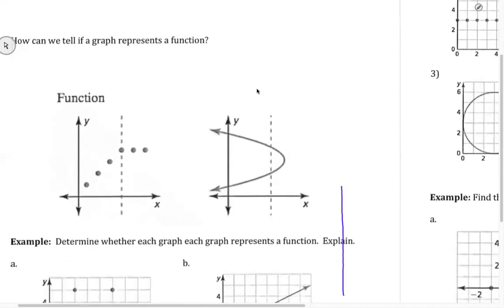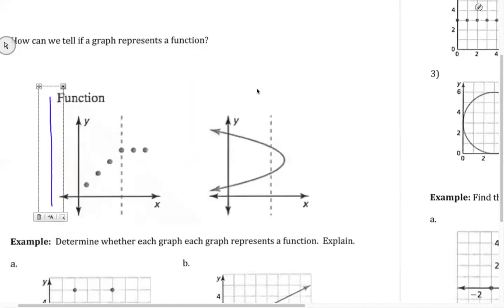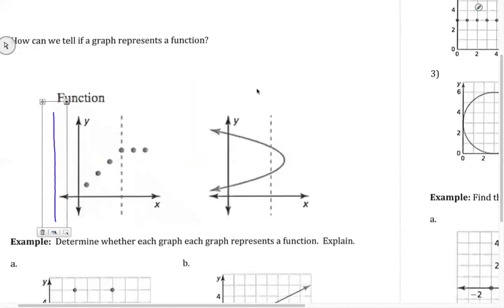All right. So what we need for this is a straight line, and that's your pencil. Mine up here is this. This is my straight line. Are you ready for this, Nate? I'm ready. To determine if something is a function given a graph, this is all we're going to do. Take your straight line and put it down on the graph vertically.